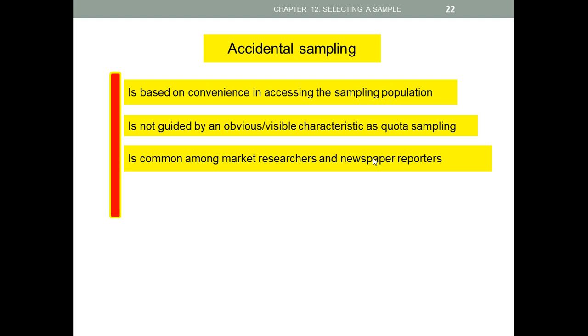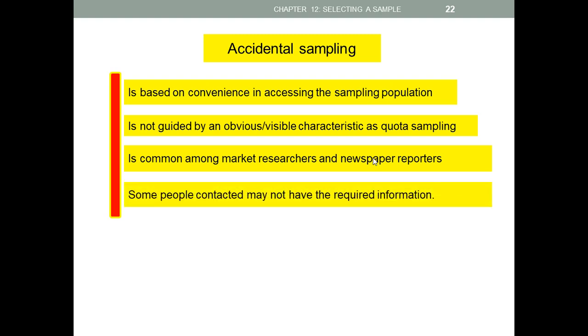Market researchers would stop you and ask you a few questions simply because he happens to see you walking around, and why not stop you and ask you a couple of questions. This is accidental sampling. So again, the disadvantage is this. Some people contacted may not have the required information.